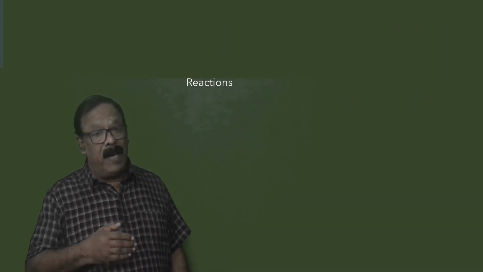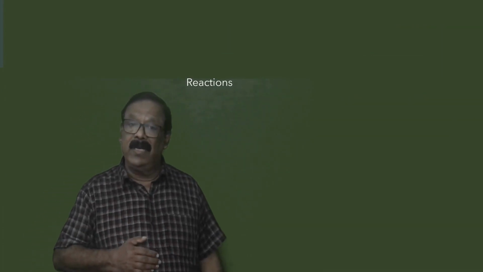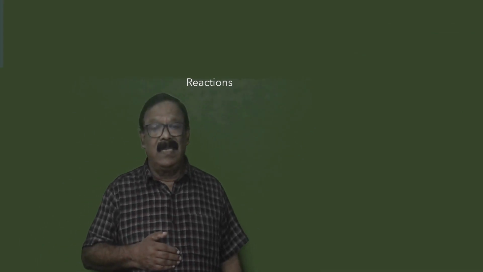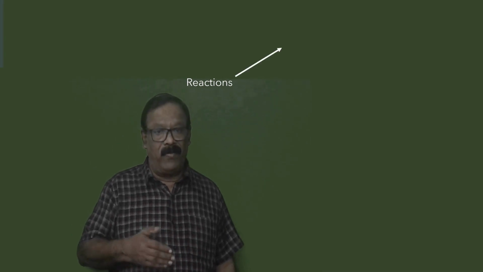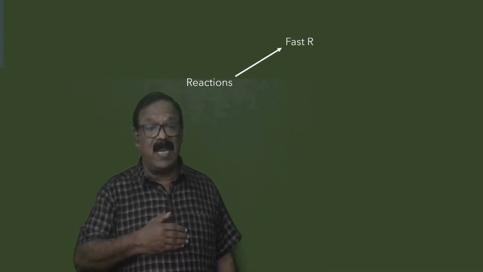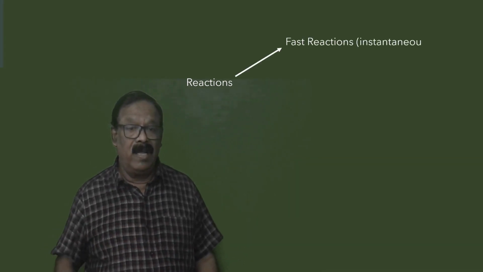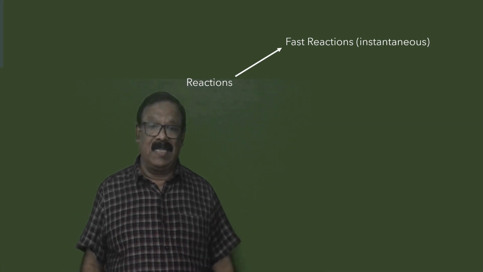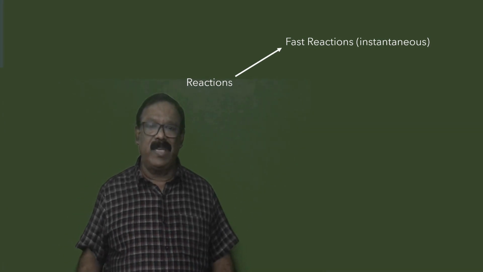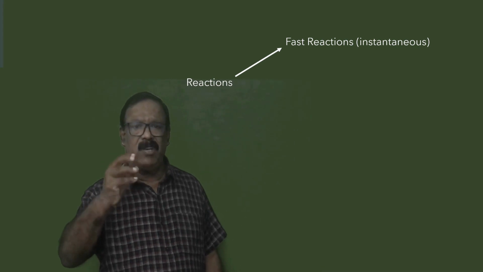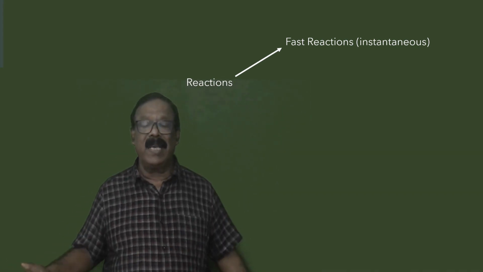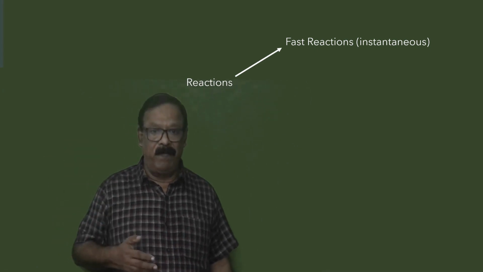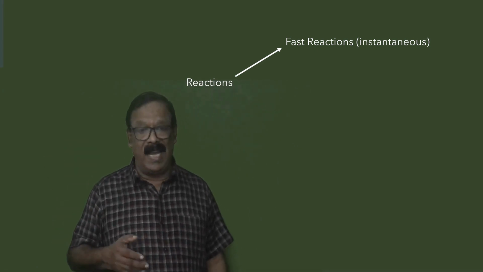Then, depending upon the rate of reaction, we divide the entire group of reactions into 3. The first one is fast reactions or instantaneous reactions. That means reactions which take place in a fraction of a second. When you mix the reactants, immediately the reaction will be over. The explosion is a very fast reaction.